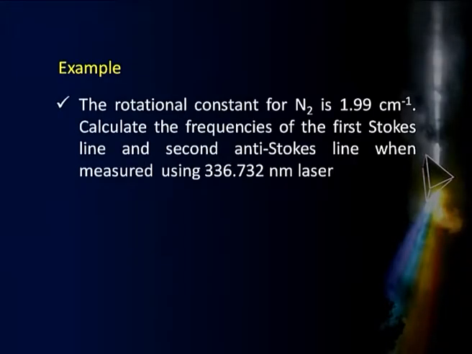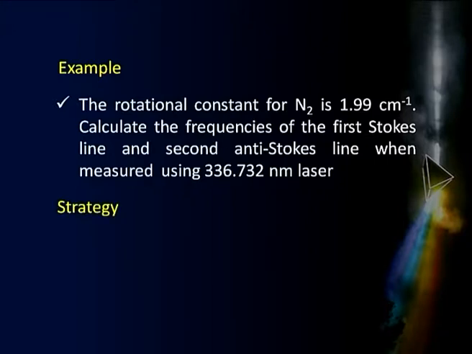Let us quickly take an example here. The rotational constant for the nitrogen molecule happens to be 1.99 centimeter inverse. Our issue is to calculate the frequencies of the first Stokes line and the second anti-Stokes line when measured using a laser having a wavelength of 336.732 nanometer. Now, how do I go about it?